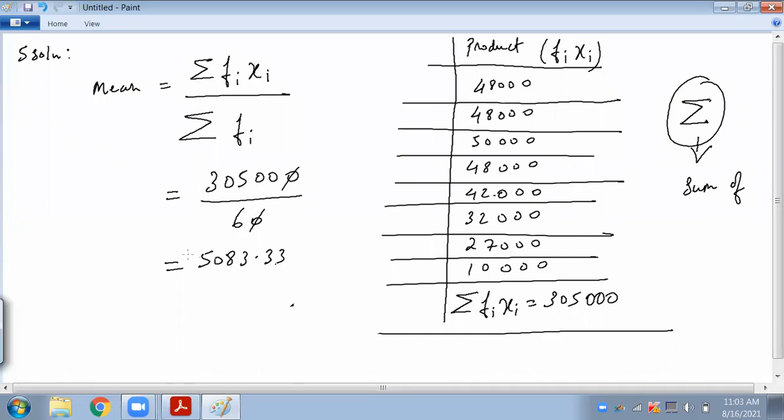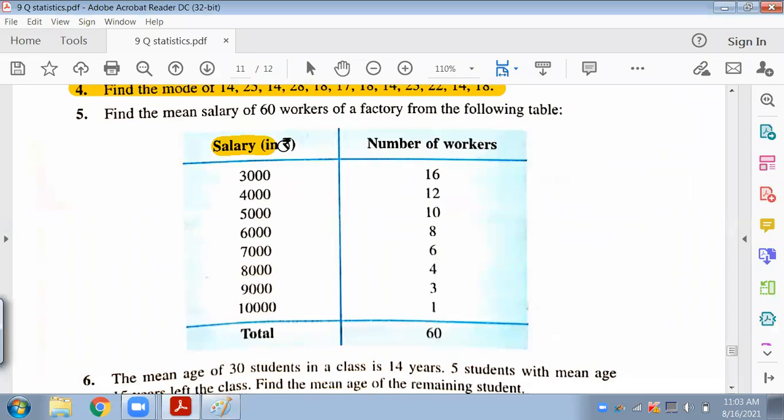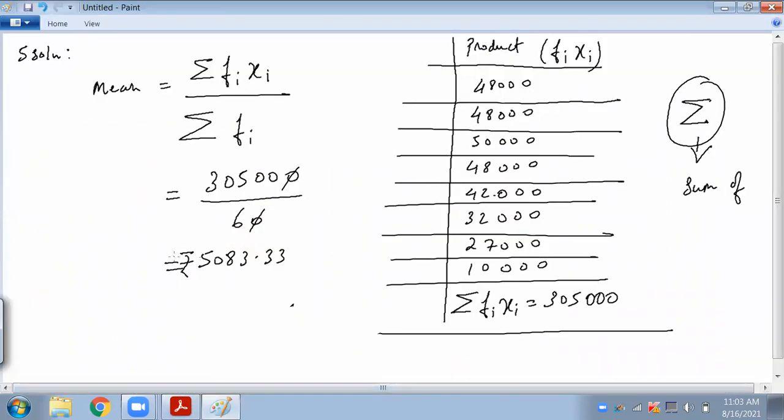And since there is a unit, put the unit. The salary was given in rupees, so at the end you'll put the unit. So the mean is rupees this much. Or we can write: the mean salary is rupees this much. Okay, once you're done, you can again raise your hand. Then we'll move to question number 6.